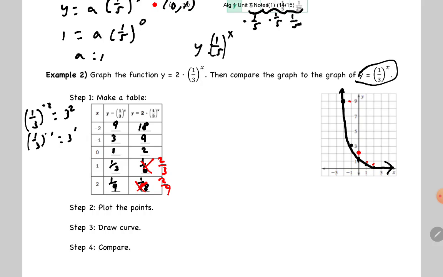-1, 9. Man, I messed up. This is 18, this is 6. There we go. And this is super high up. So what's going on is that the red line is decreasing faster.